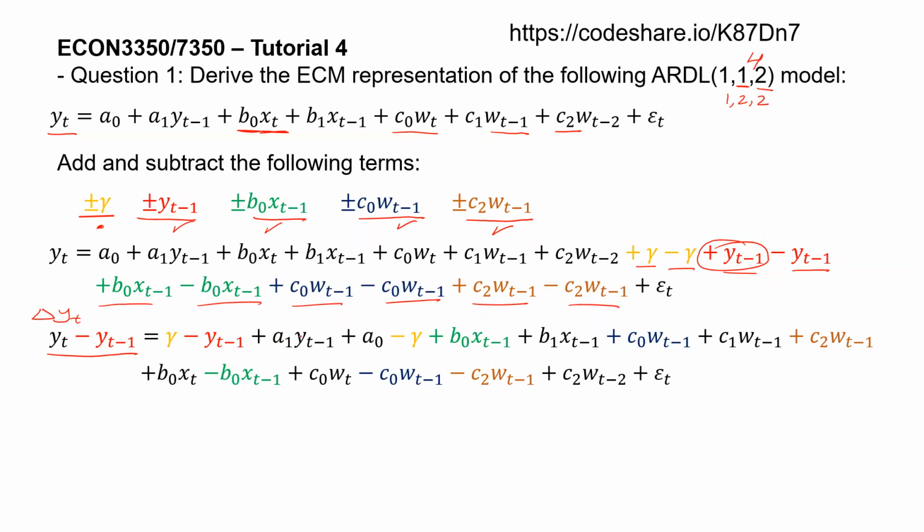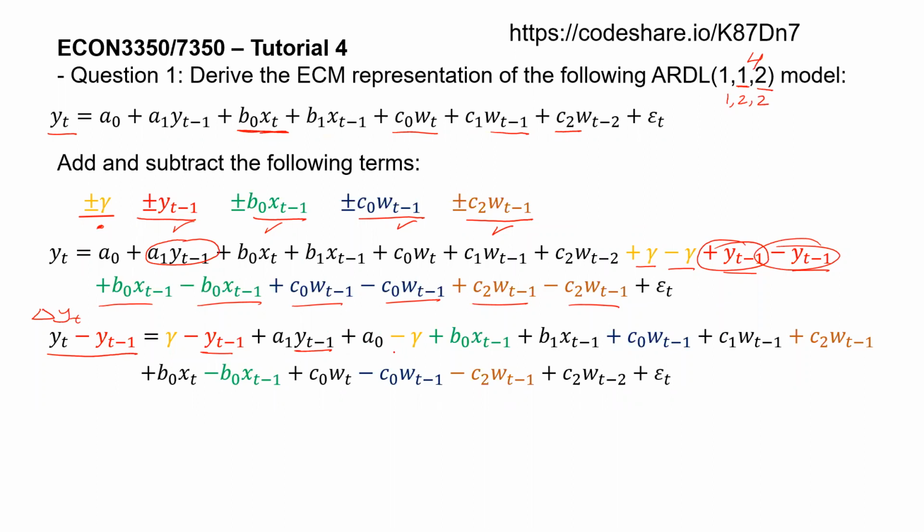And then I am going to group by, well, let me see the ordering first, by yt. So I take the remaining terms that have yt on them. So I have negative yt-1, and I have alpha a1 yt-1.